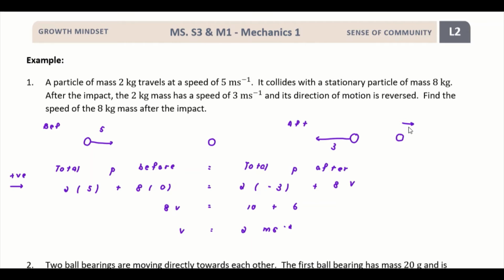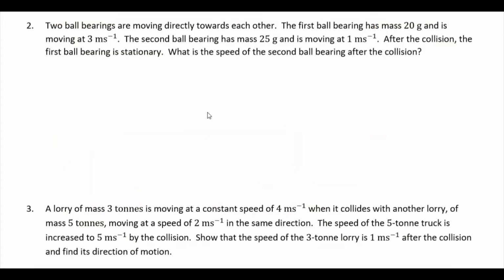So now let's move to number 2. Two ball bearings are moving directly towards each other, so it's the same thing, which means the first ball is moving towards this direction. Okay, then after that the second ball is moving towards it. Okay, the first ball bearing has a mass of 20 gram and is moving at 3 meters per second.